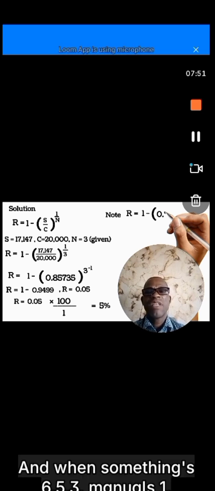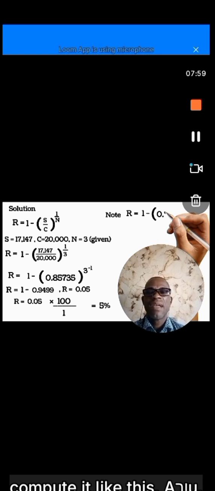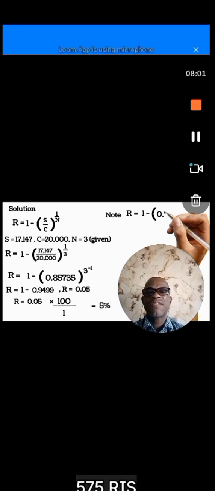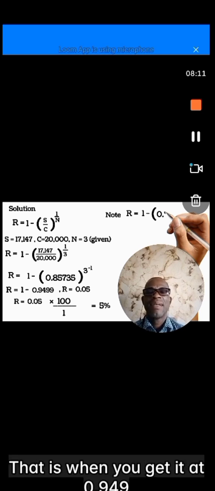And when something is raised to power 3 minus 1, using your scientific calculator, you are going to compute it like this: 0.85735 raised to power 3 raised to power minus 1. That is when you will get it as 0.9499.